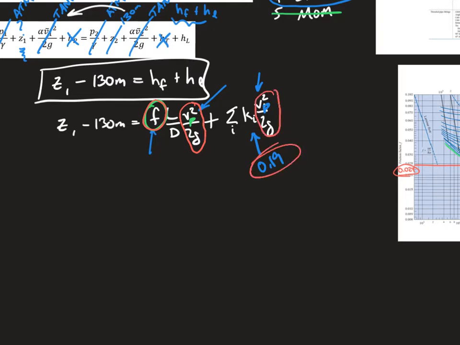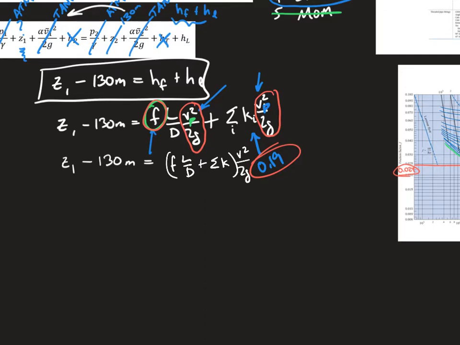Algebraically, I'm going to do one little quick algebraic thing, which you will see from time to time. If there's a single pipe, what you will see a lot of times is people will rearrange this algebraically, just because it makes sense to them. If there's a single pipe, you may write it as this plus the summation of the K's, times V squared on 2g.